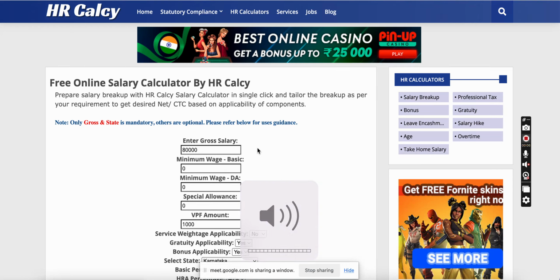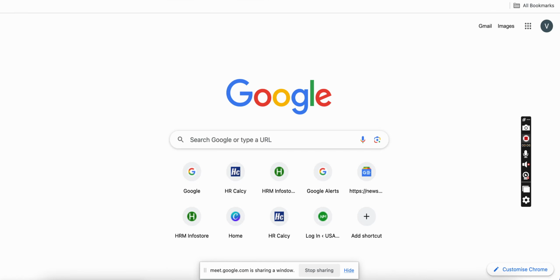No, the whole intention was to launch it free for the users, because this is right now not available anywhere. You can search for a salary breakup calculator. I'll show you in fact.